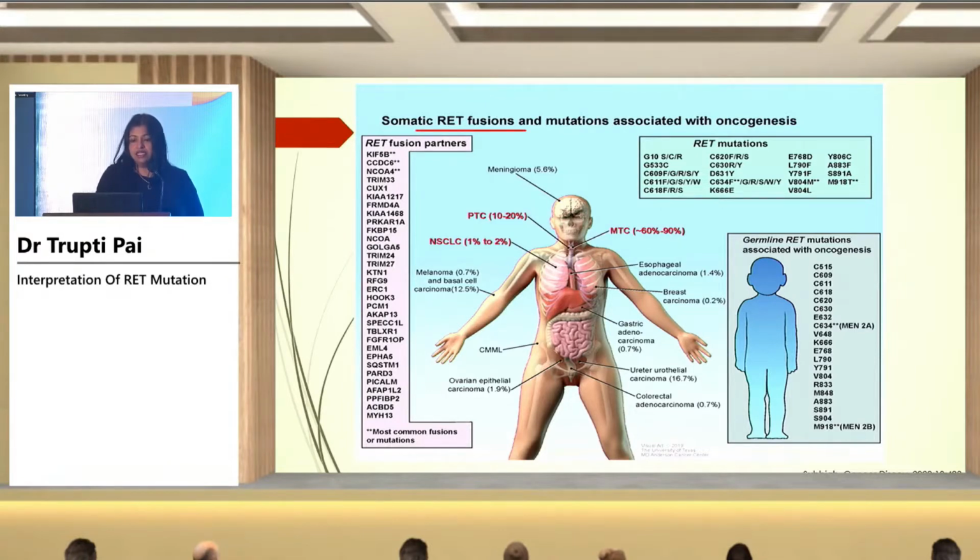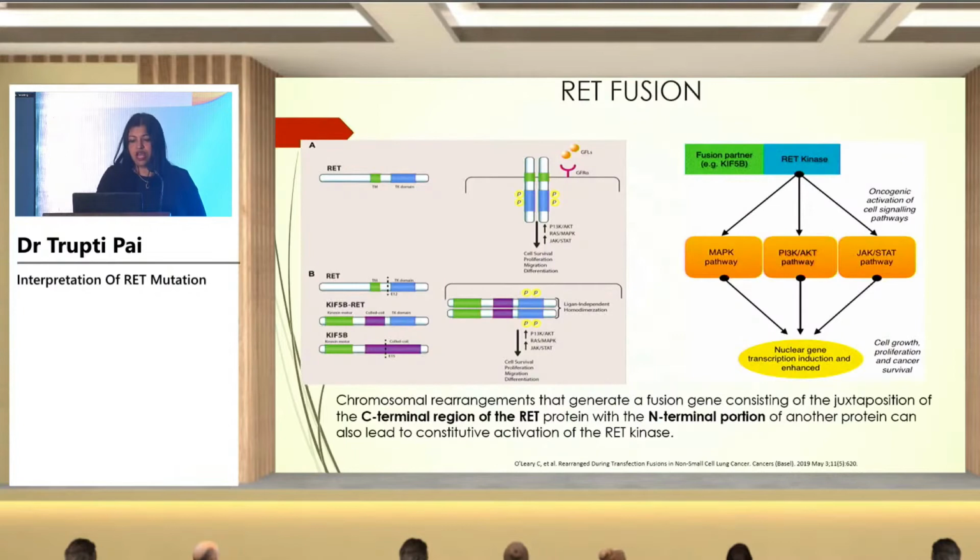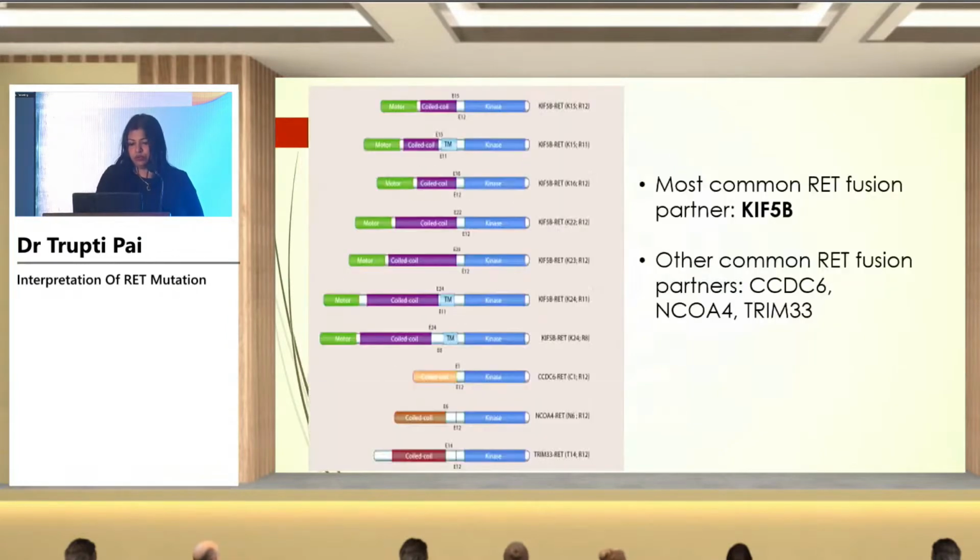In NSCLC, RET fusions are common, seen in approximately 1 to 2% of NSCLC. With RET fusion, the tyrosine kinase domain comes into juxtaposition: the 3' end of the RET gene comes next to the 5' end of another gene, leading to a fusion gene protein which activates downstream cell signaling pathways, leading to uninhibited cellular growth.